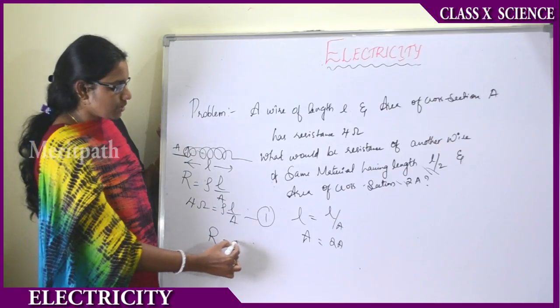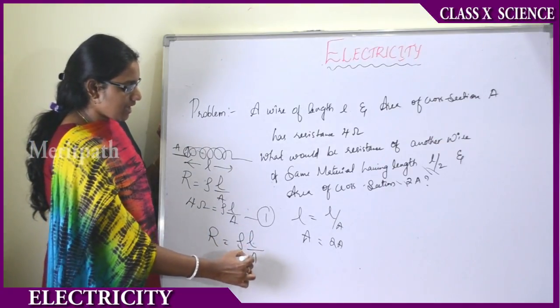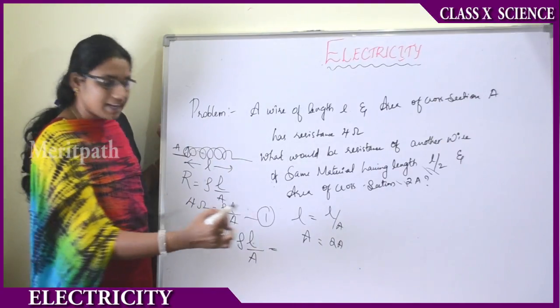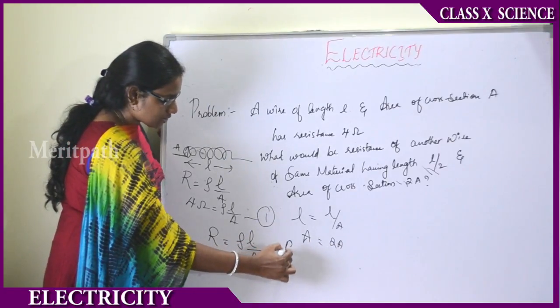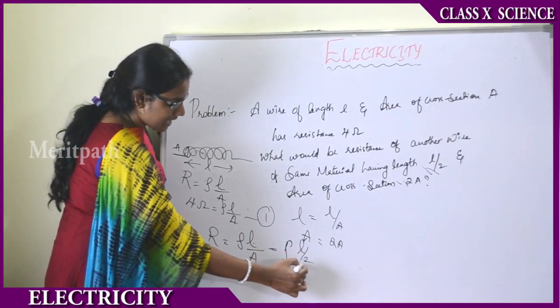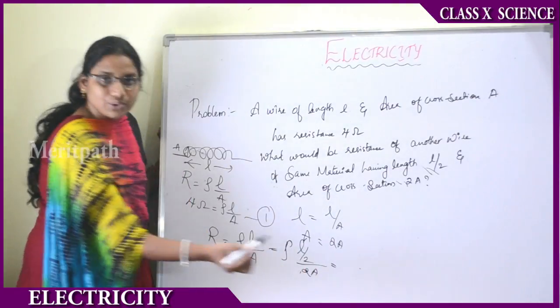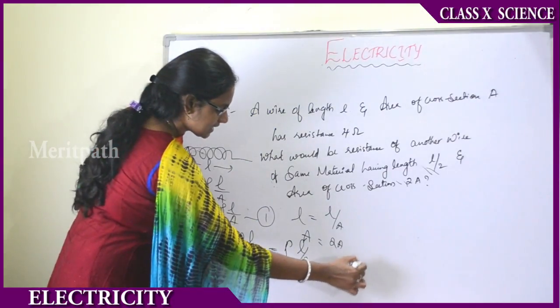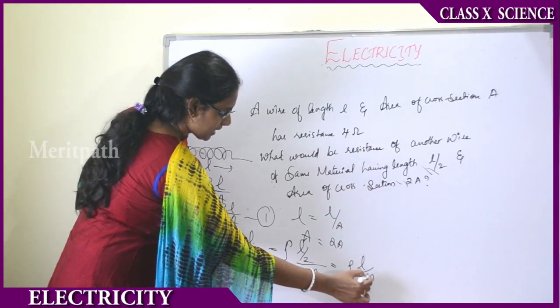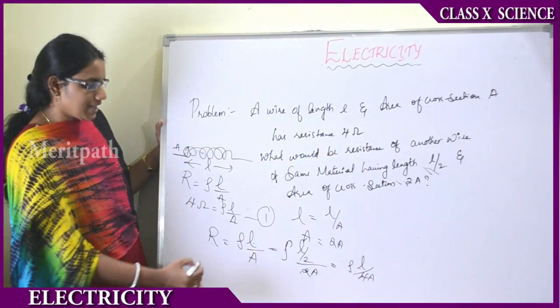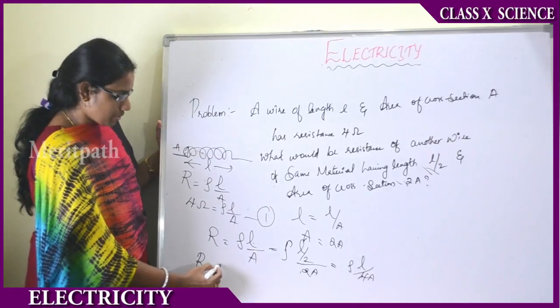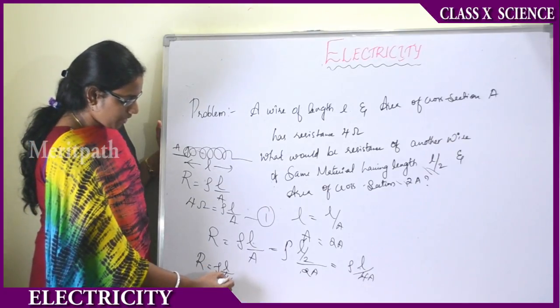R equals rho L by A is the formula, so rho into L by 2 by area 2A, that is 2 into 2 equals 4A. Now R equals rho L by 4A.